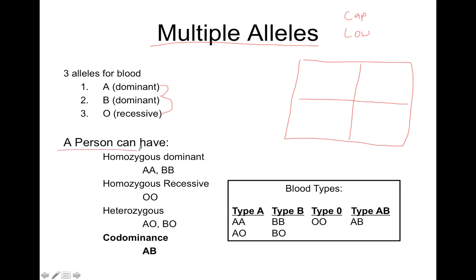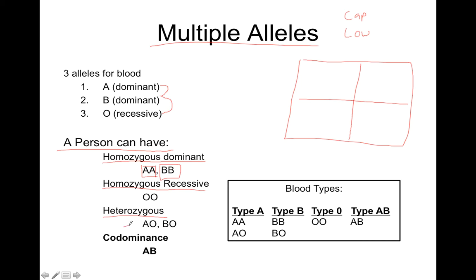First of all, a person can potentially be a homozygous dominant individual, and that means that they have type A blood, which would be homozygous dominant of AA. Secondly, they could have type B blood, which would be capital B, capital B. You could be homozygous recessive, and that would be type O blood, which would be O and O. And then the last two you could have would be heterozygous.